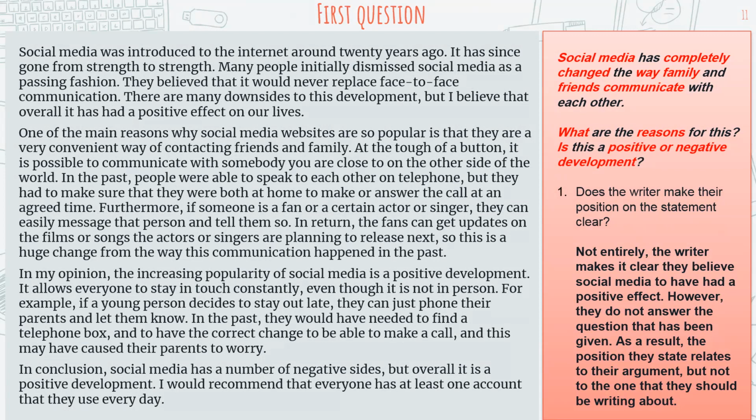Some people just do not fully understand, or don't try to fully understand the question. You need to underline the most important keywords and analyze the question, what you are being asked to write about. This is very important. Here the writer doesn't actually make their position on the statement clear.